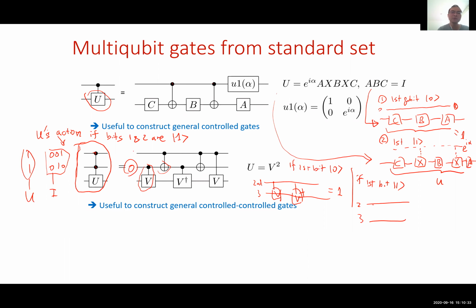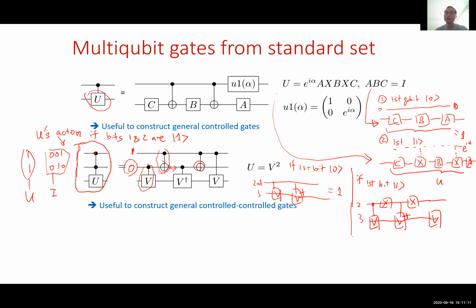If the first bit is 1, then control NOT will activate on the second, and this is control V. So I have not specified the second bit. And I keep going. This one is control V dagger. And this is activated. So there's an X here. And there's also a V here. Okay.